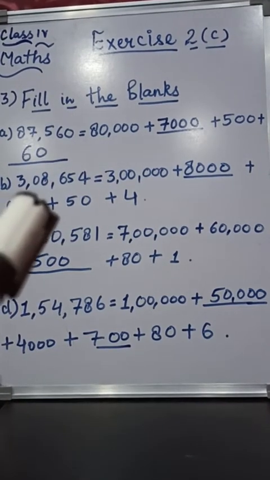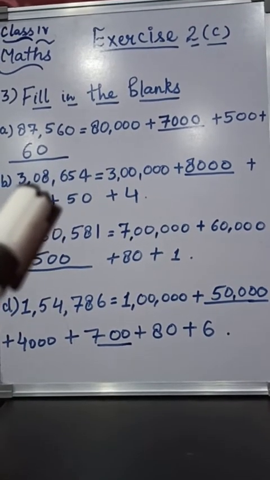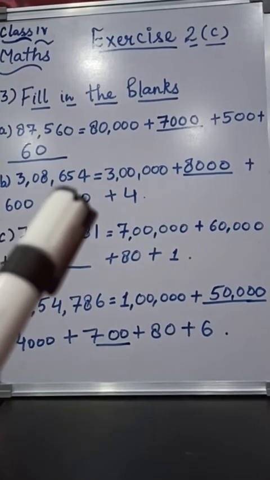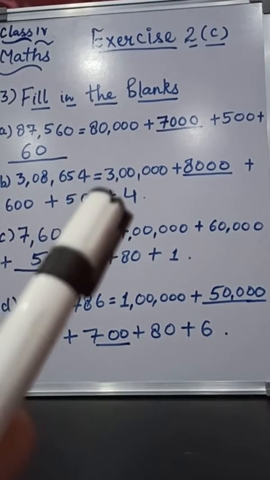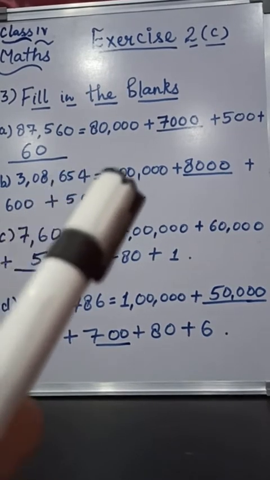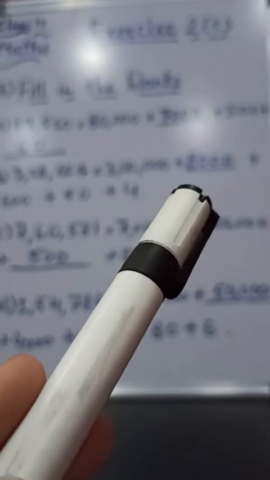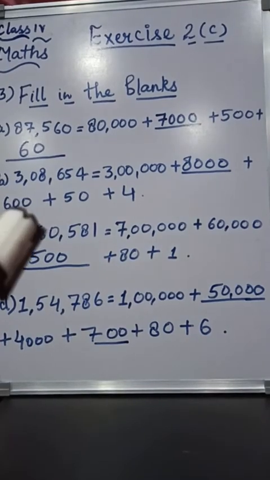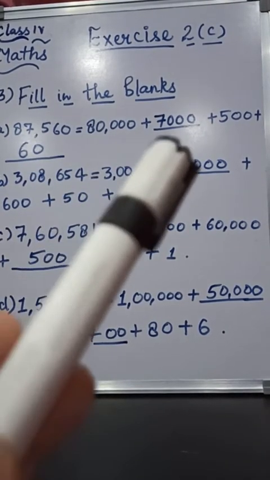Now question B. Question B is 3,08,654. This is the short form, and the expanded form is 3 lakh plus a blank is given in the book, plus 600 plus 50 plus 4.